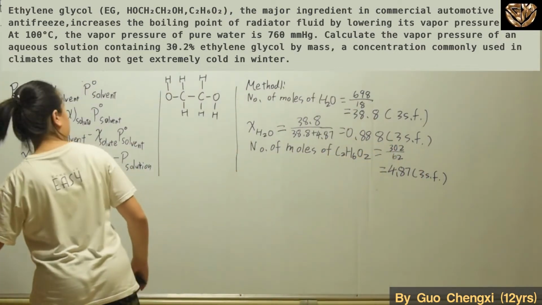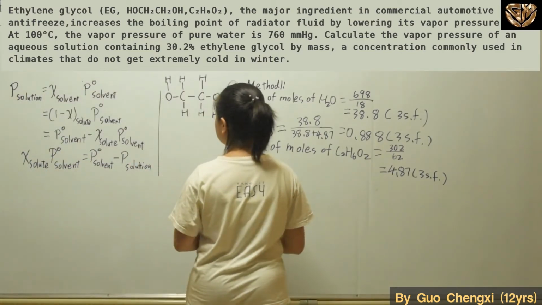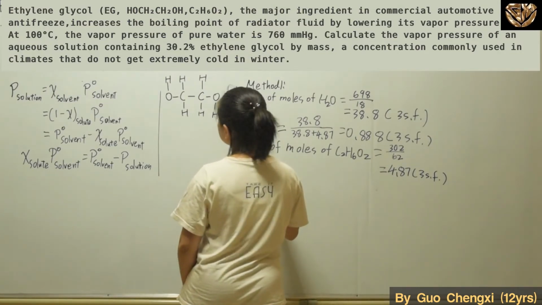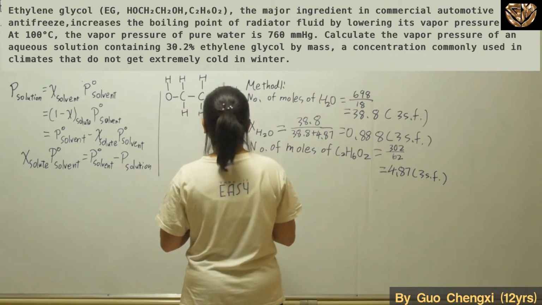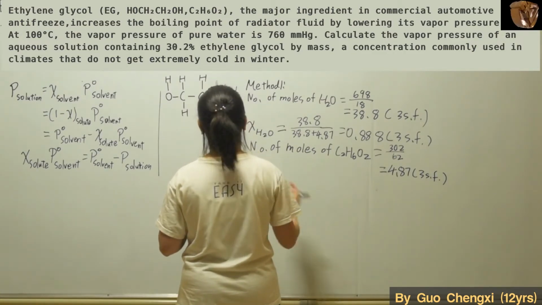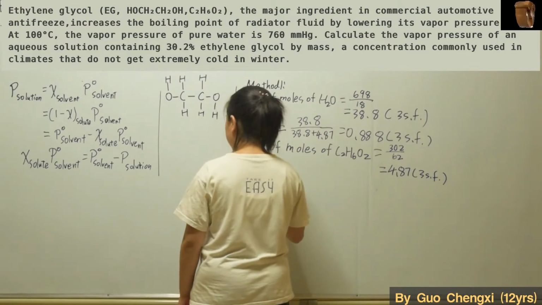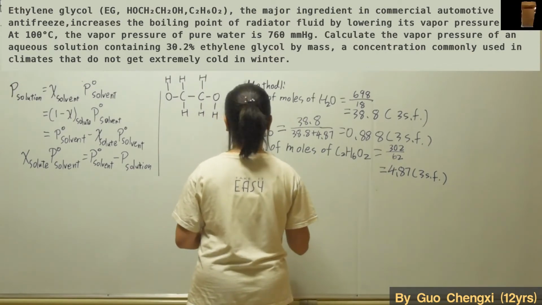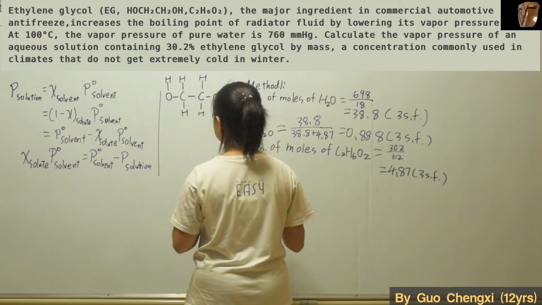Okay, so now that we have gotten this part, for the chi, since you're calculating the vapor pressure of the solution, it is basically the vapor pressure above the solution.